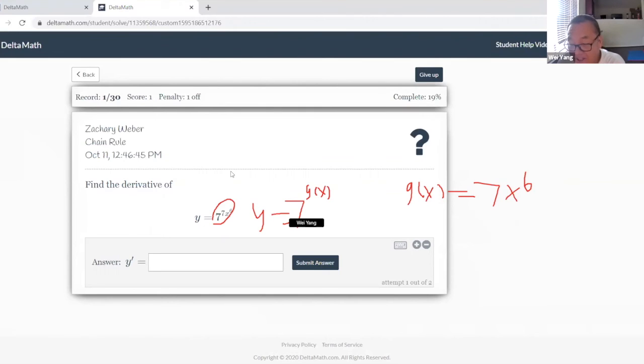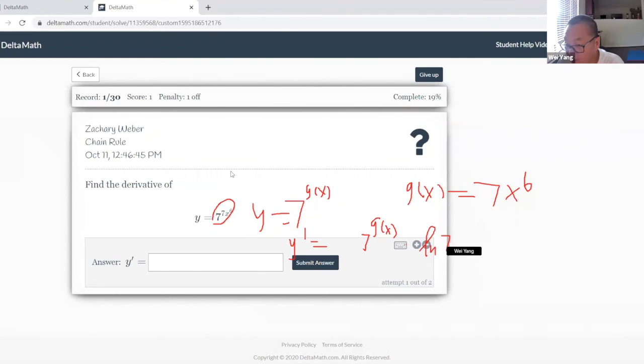Then this function is an exponential function, right? So the derivative for this one equals this function, because this one is not e, right? So that's 7 to the gx, then times log 7, right?